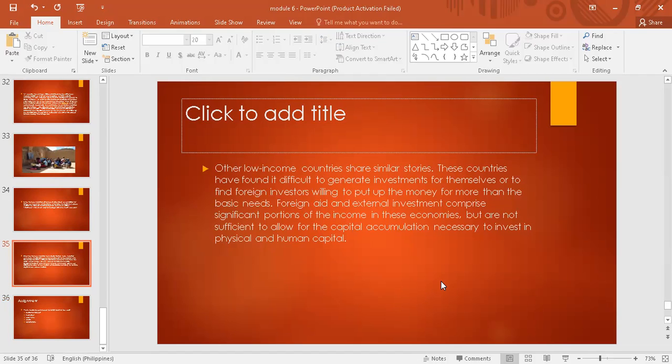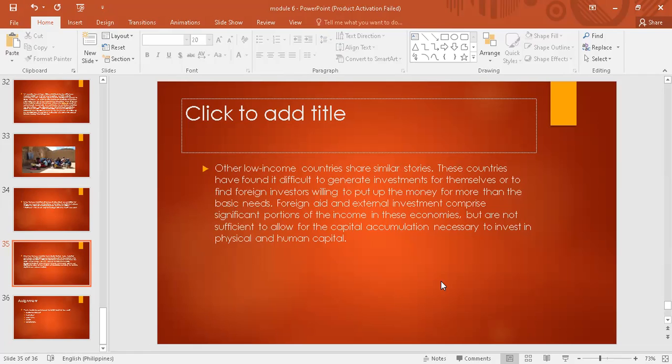The high-income economies, yung mga US, Canada, some European countries. Middle-income countries such as the East Asian countries, 4 nations, India, China, Philippines, and Southeast Asian countries, and the growth policies for low-income economies.